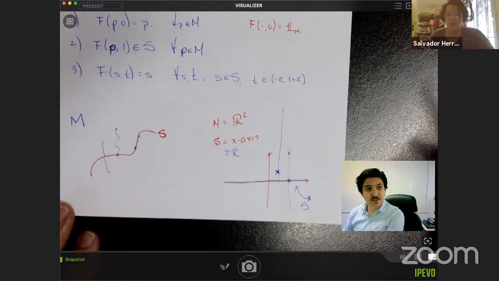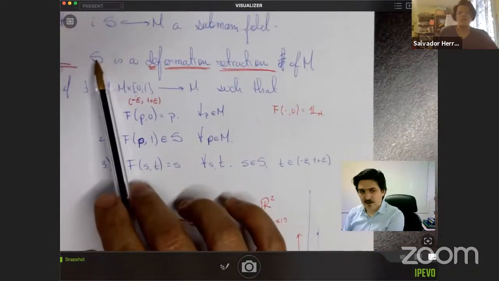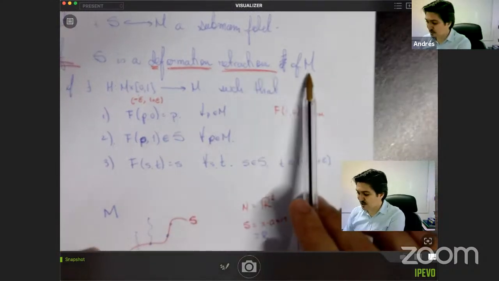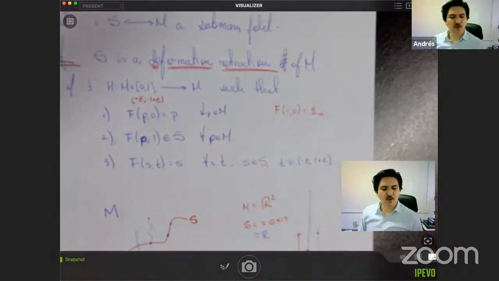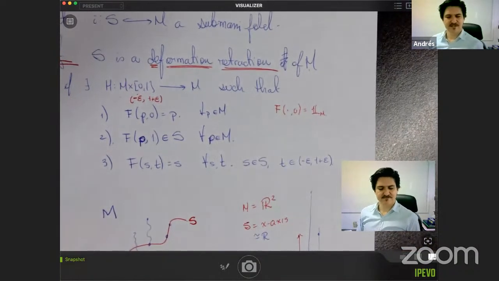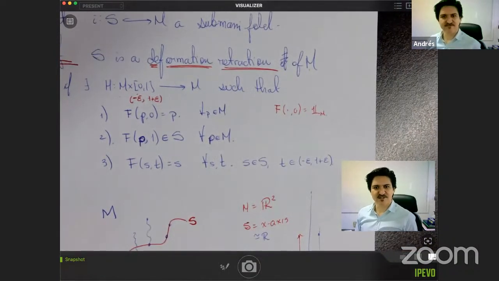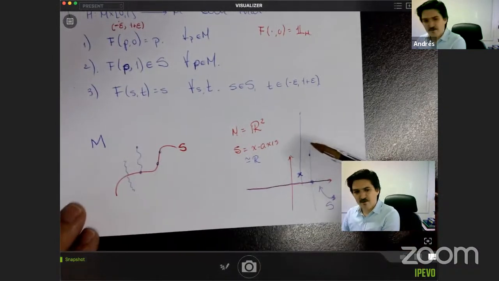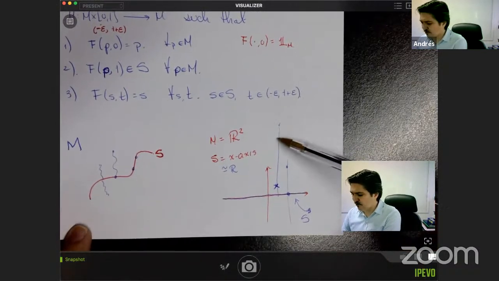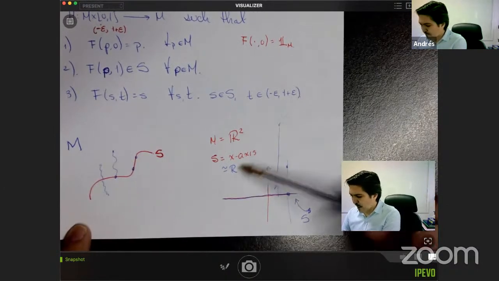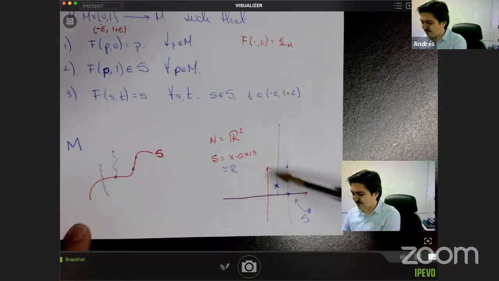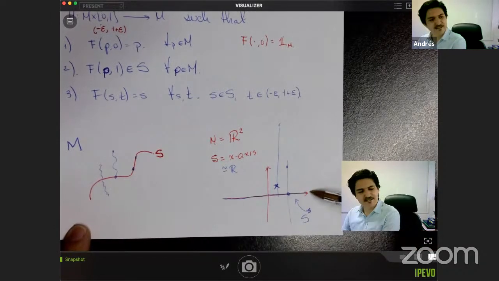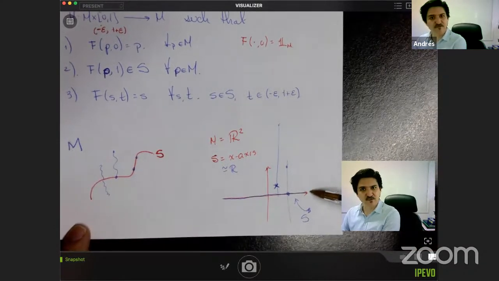And what we will see now is that when S is a deformation retraction of M, both of them have the same cohomology. So no matter how hard you think about how to collapse everything on the punctured plane to the axis, it would not be possible.